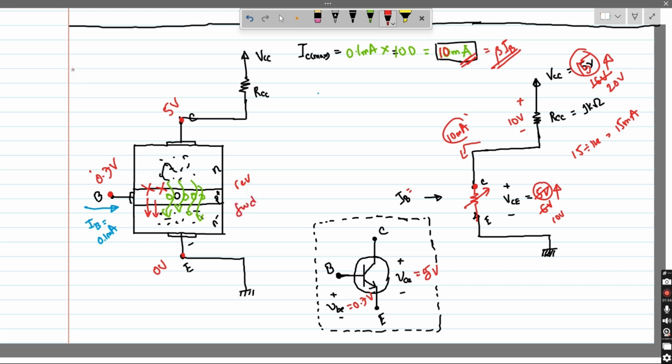This leads to the active mode of operation of the BJT, where it sort of acts like a variable resistor that always tries to ensure that the maximum current limit is not crossed and will have a voltage drop across it accordingly.